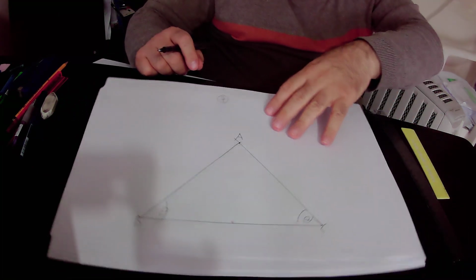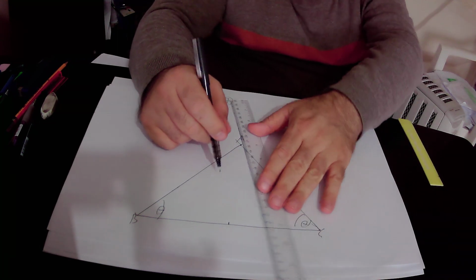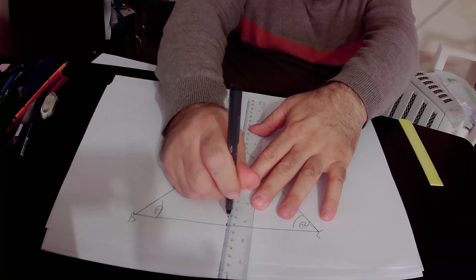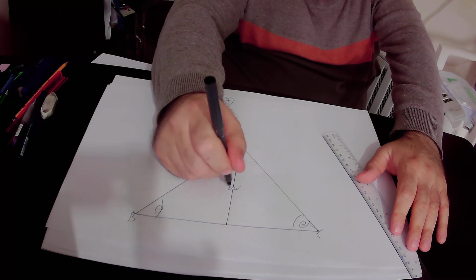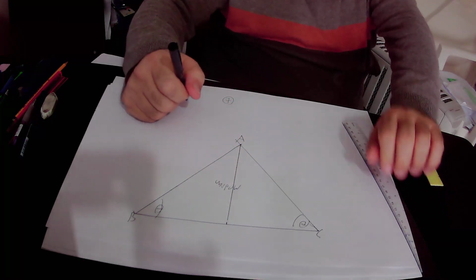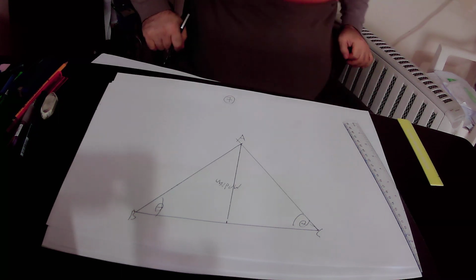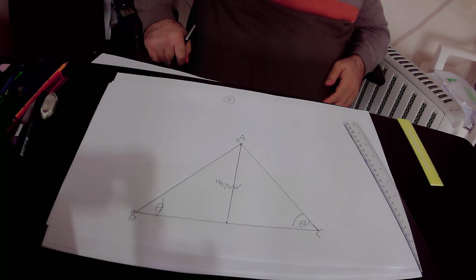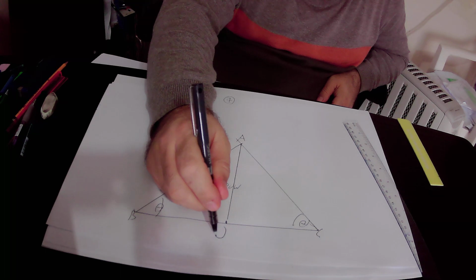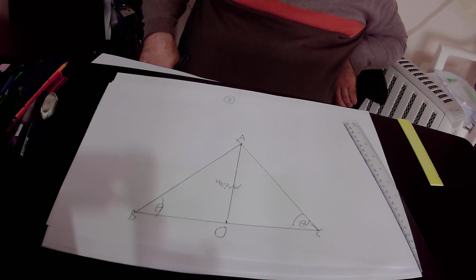So if from the vertex A we draw a median to the base BC, so this is the median, and we will define the touching point between the median and side BC as point O. So actually the median bisects side BC, that is the base.